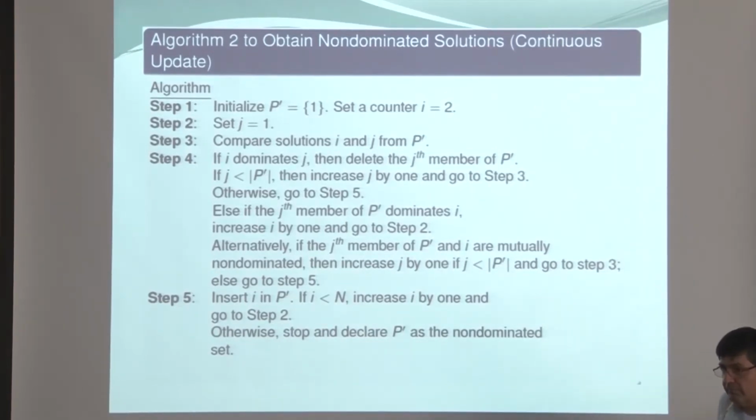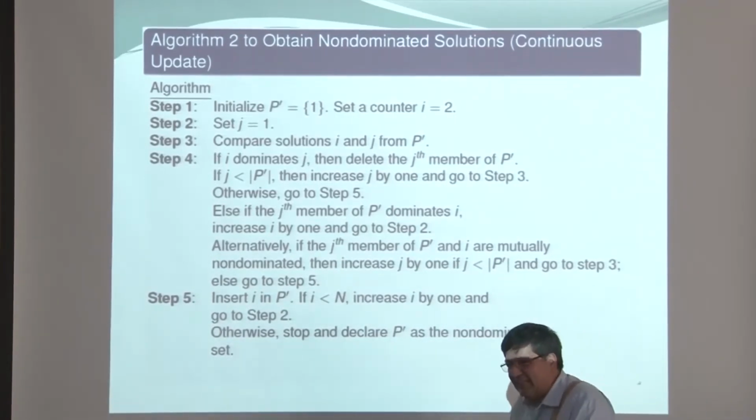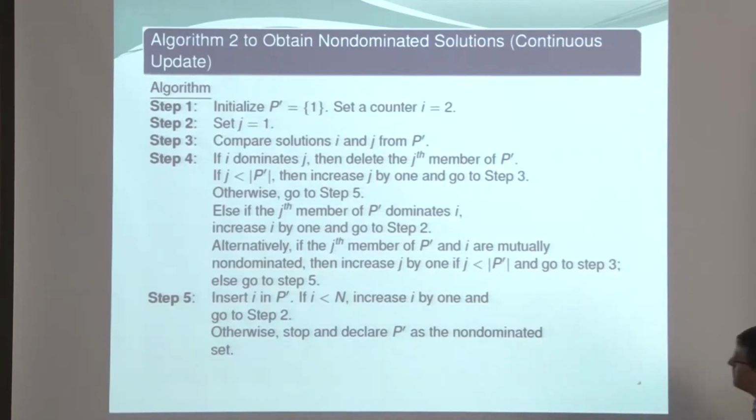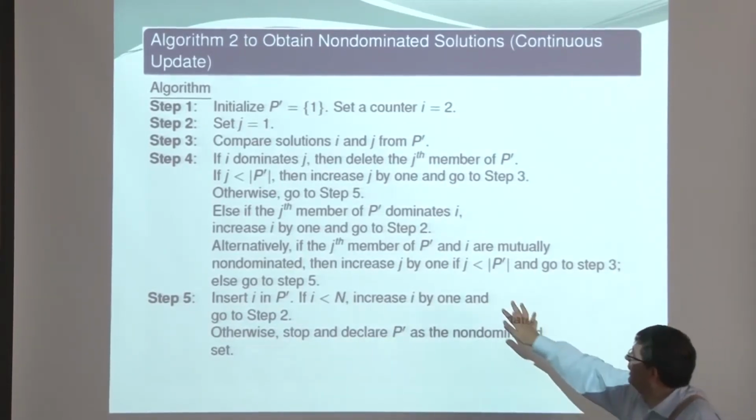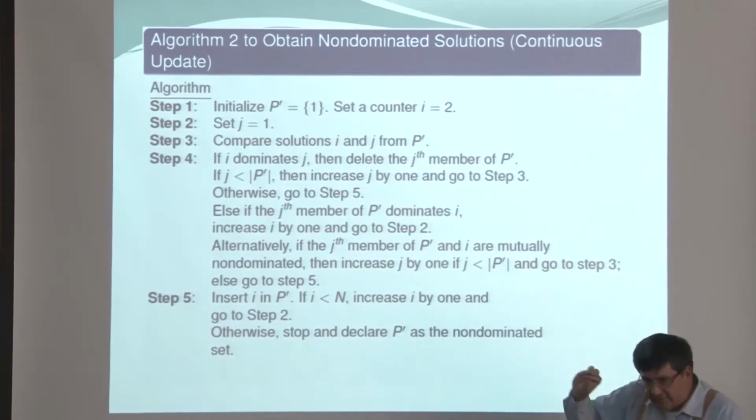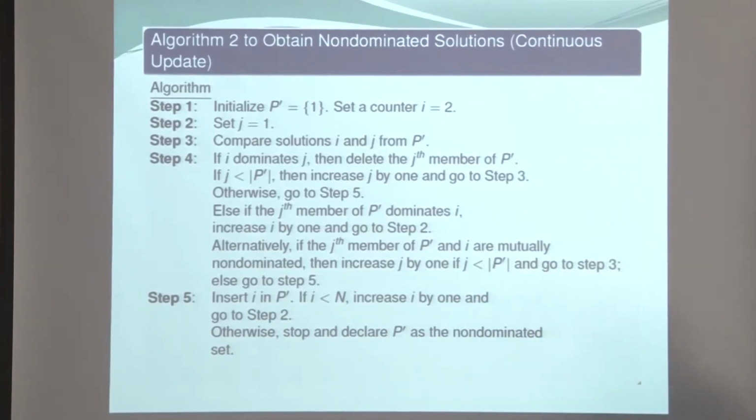That is a nested if condition. If you implement this in C, it will work even without putting this condition. But some people get confused, so we had to try to explain this in a more explicit way as a special case, the mutual non-dominance.